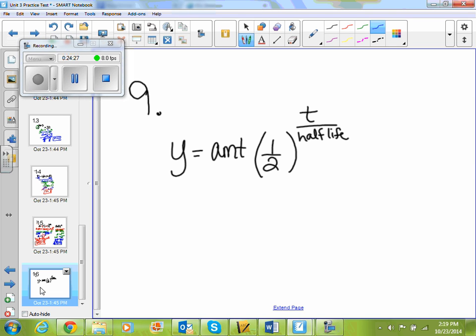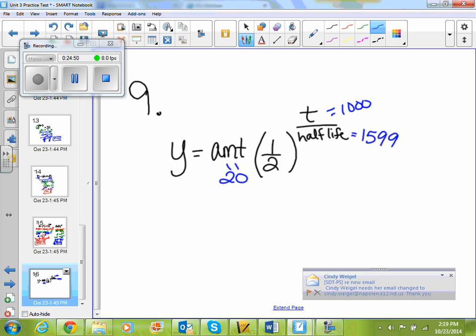So it says radioactive radium has a half-life of 1,599 years. So I know that my half-life is 1,599. It says if you start with 20 grams, so the amount I start with is 20, how much radioactive radium is left after 1,000 years? So the time that I'm going to test for is 1,000 years.